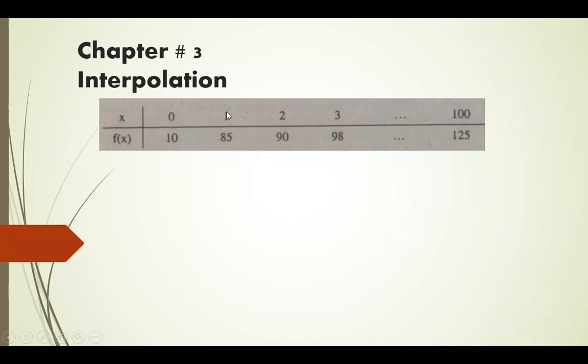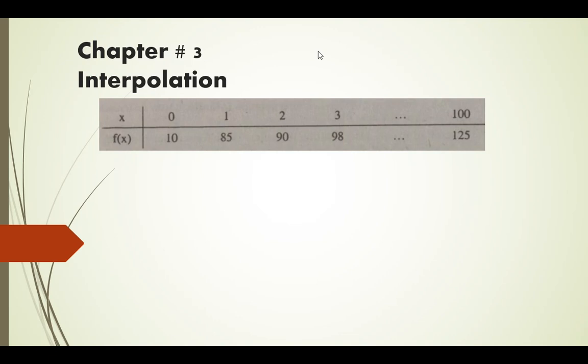The gap between 0 and 1 is 1, 1 and 2 is 1, and 2 and 3 is 1, and so on and so on, up to 100. So we have equally placed the values of x with the equal interval, with equal subinterval.